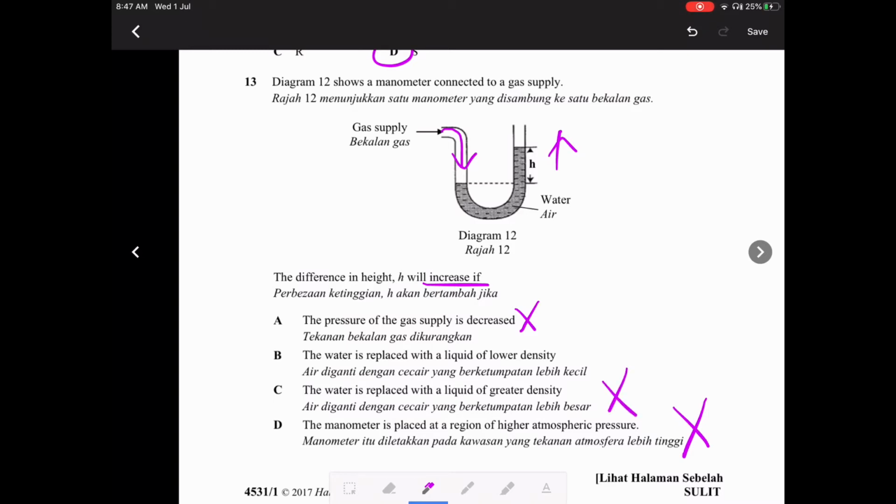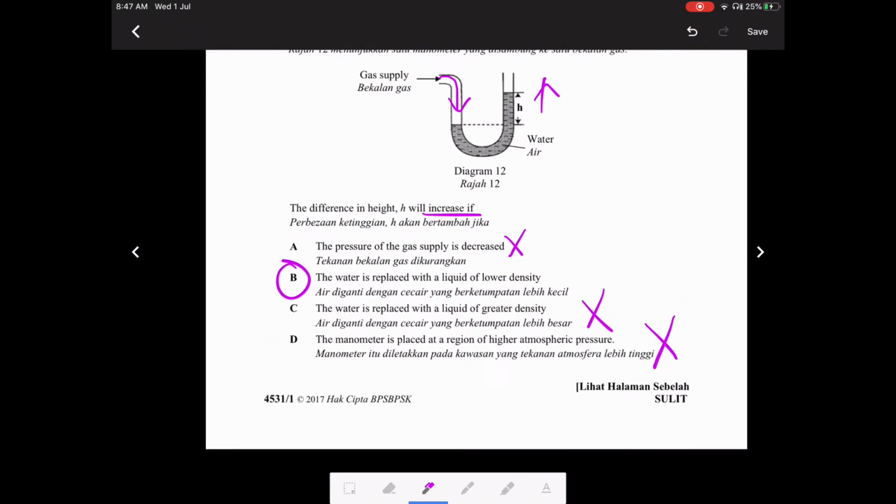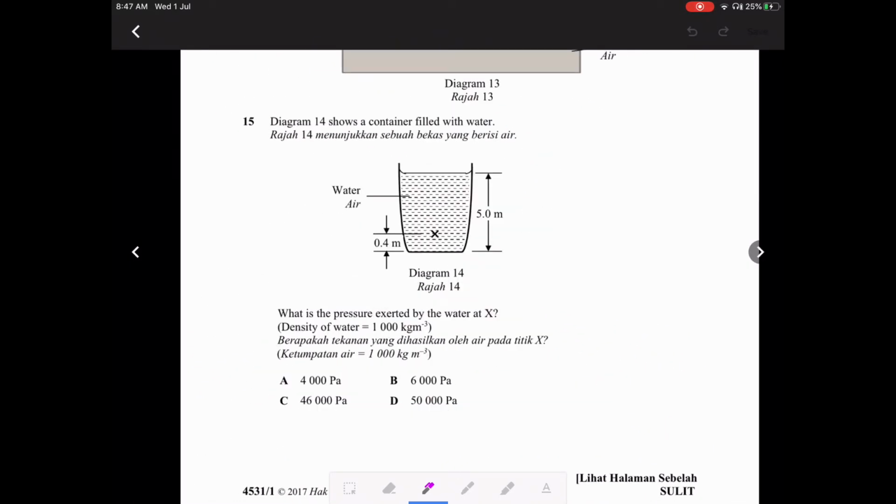Sebab density ni dia akan mengenakan daya tujah ke atas. So, bila density tinggi, daya tujah dia juga adalah besar. Okay, dia akan menolak dengan lebih kuat. Jadi, kalau lower density, dia tolak ke atas tu kurang kuat. Jadi, pressure daripada gas supply boleh tekan dia lebih banyak. So, the answer is B, I think. Betul? Yes, the answer is B. Okay, next, number 14.